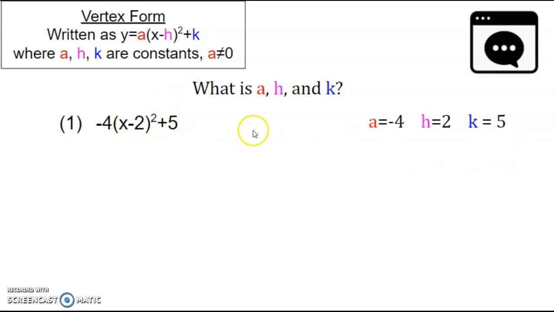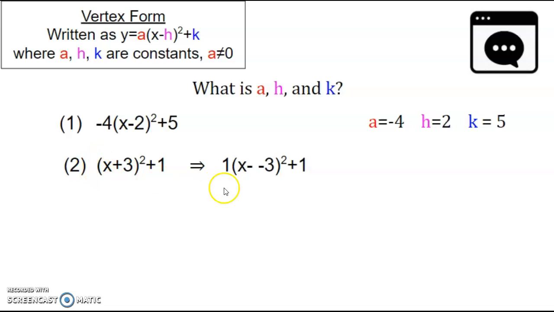So there you go. Okay, look at this example. See if you can tell me what a is, h is, and k is. I hope you know that if there is no number, then the default number is positive 1. So I know that this is the same as 1 times (x minus negative 3), because remember there is an inherent built-in negative sign to this form.